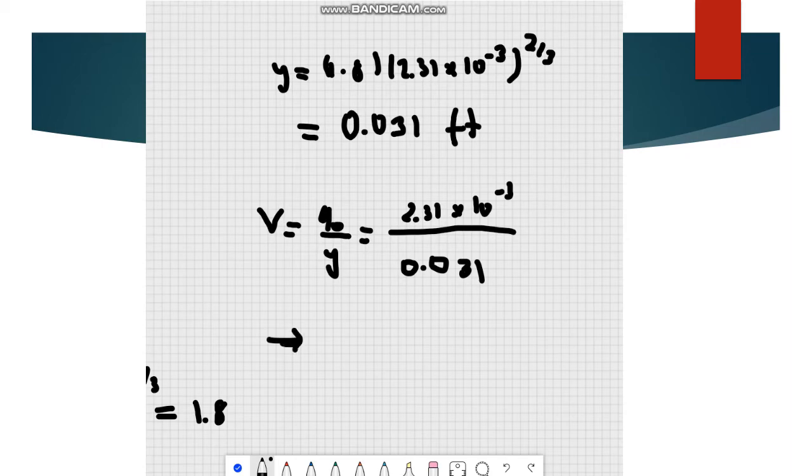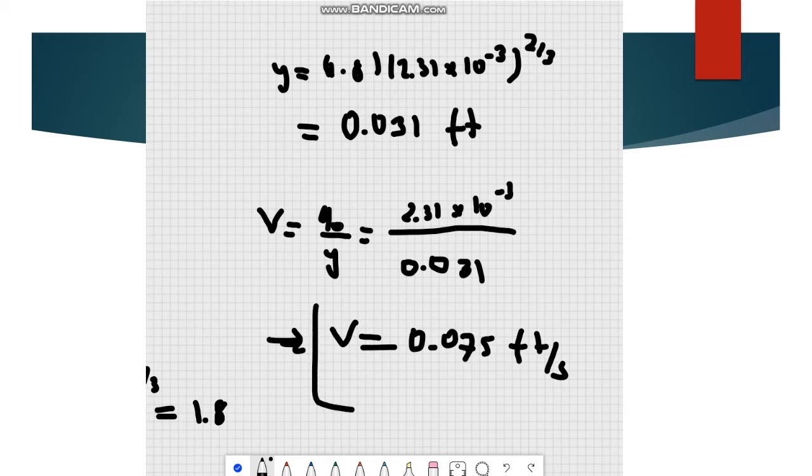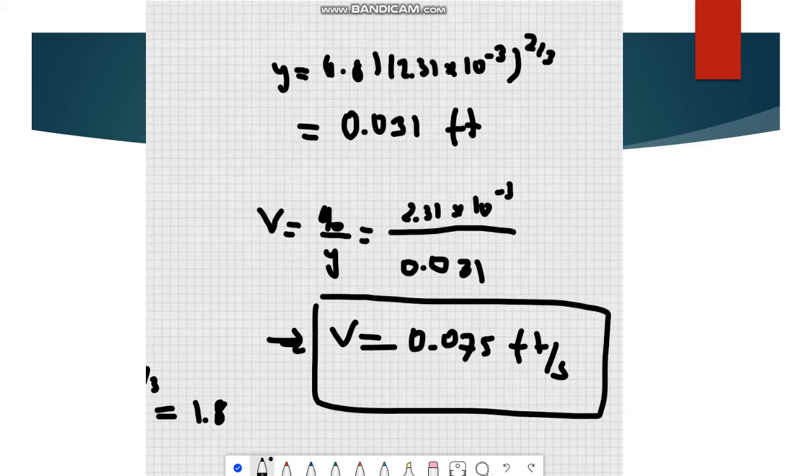So it means that velocity is equal to 0.075 feet per second on turf.